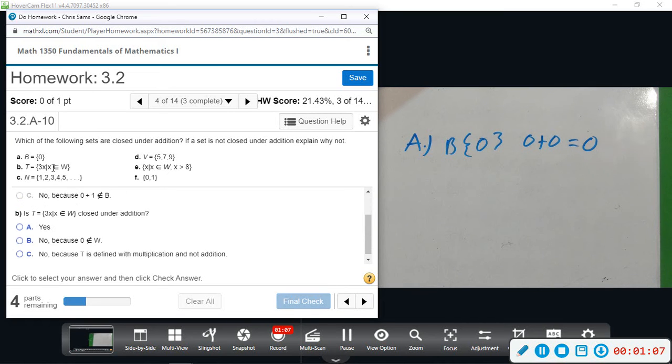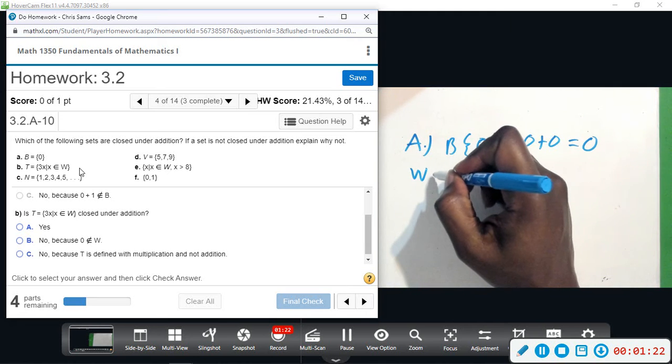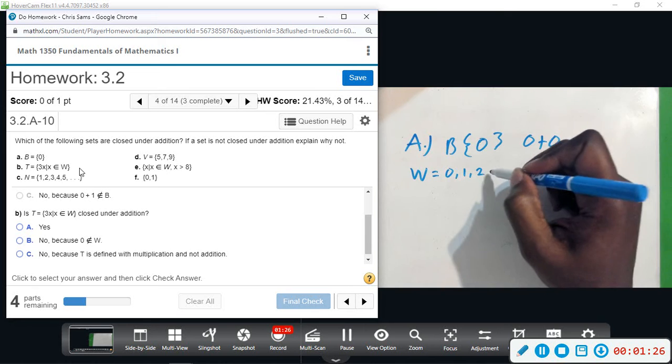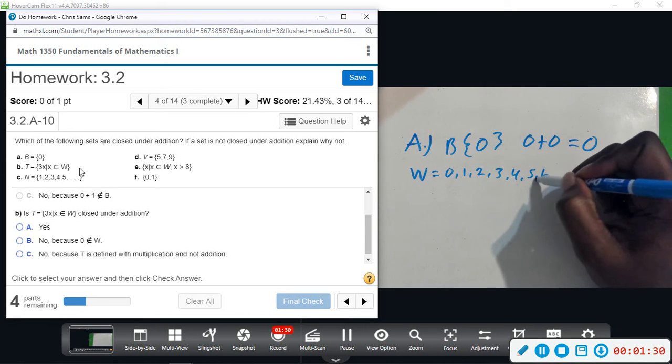All right, now we're going to look at B. B says T equals the set of 3x such that x is a whole number. So we're thinking numbers. When they say W for a whole number, that means the numbers 0, 1, 2, 3, 4, 5, 6, and so on.